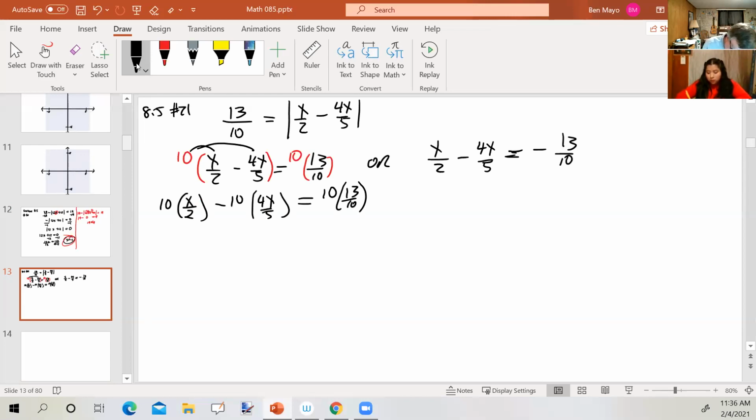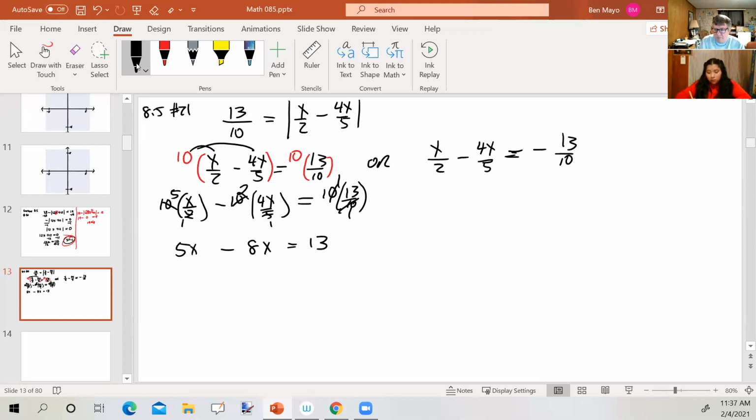Going through and reducing, 10 over 2 is 5 over 1, so I get 5x. 10 over 5 is 2 over 1, so I get minus 8x. And 10 over 10 reduces down to 1 over 1, and I get 13.